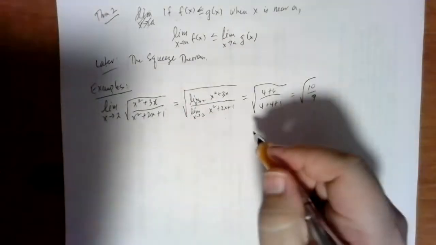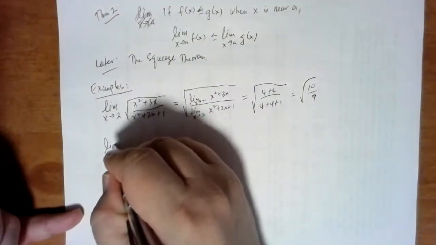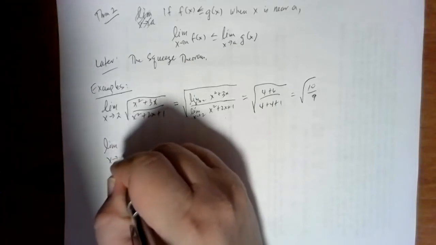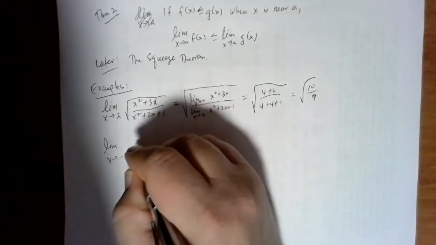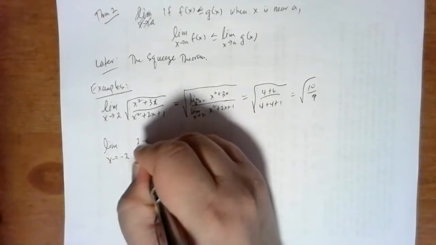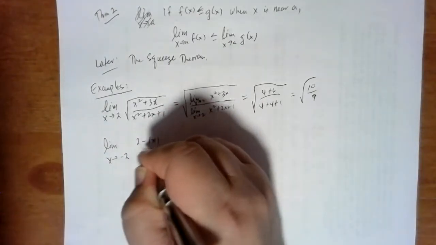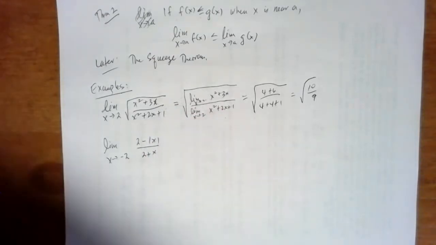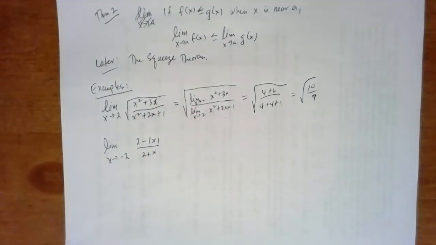Okay, how about the next one will be the limit as x approaches, how about negative 2, just to make it more complicated, of 2 minus the absolute value of x divided by 2 plus x.